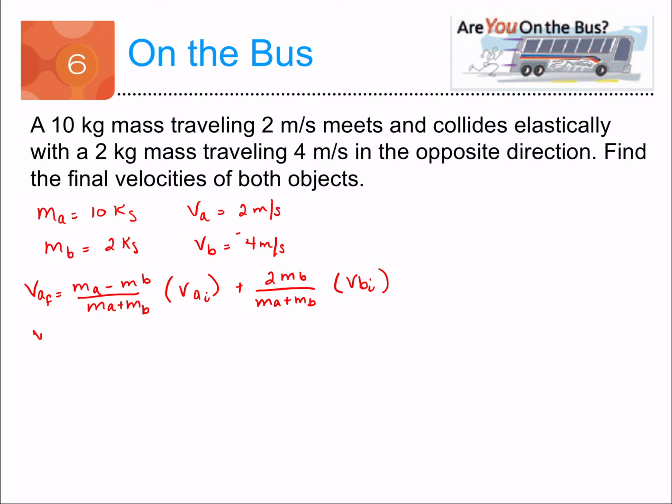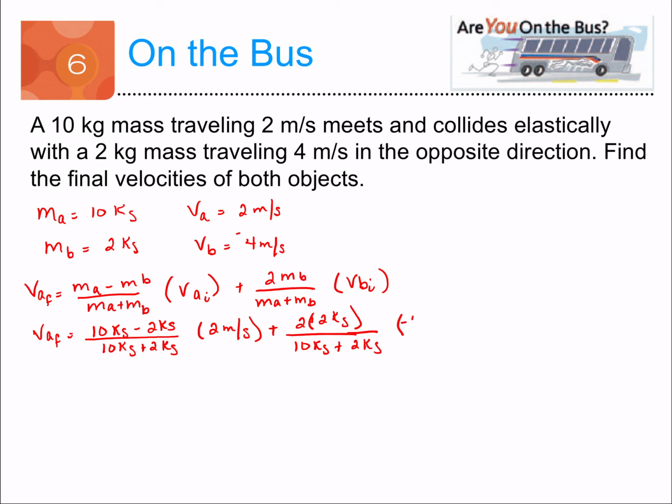So therefore VAF is going to be (10 kilograms minus 2 kilograms) divided by (10 kilograms plus 2 kilograms) times 2 meters per second plus 2 times 2 kilograms divided by (10 kilograms plus 2 kilograms) times a negative 4 meters per second.